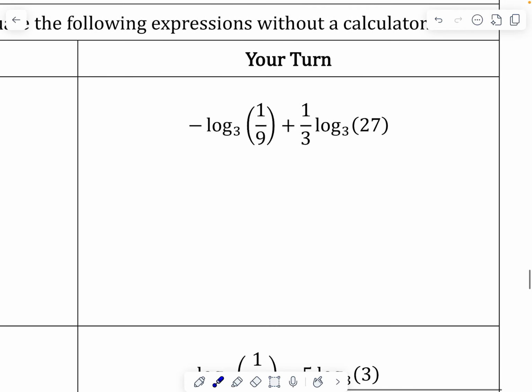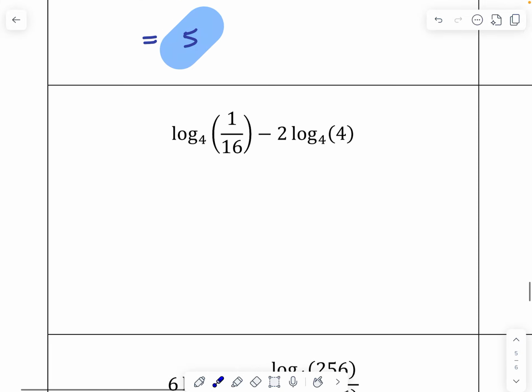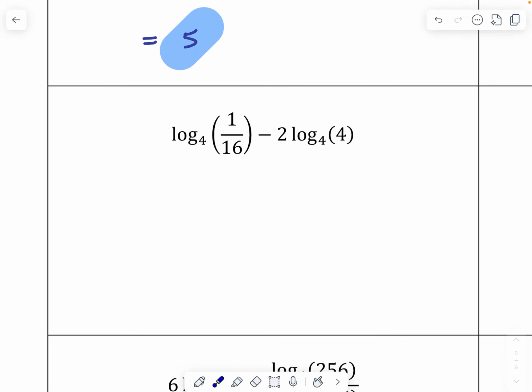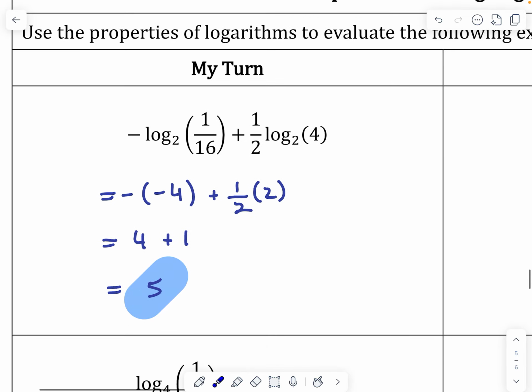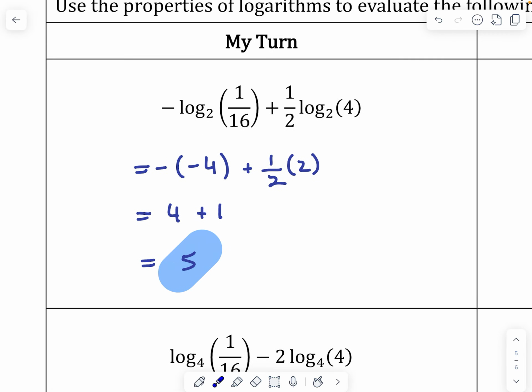Try this one. All right. What is log base 4 of 1/16? Wait, the instructions here are to use the properties of logarithms. We didn't use any properties in the previous problem.